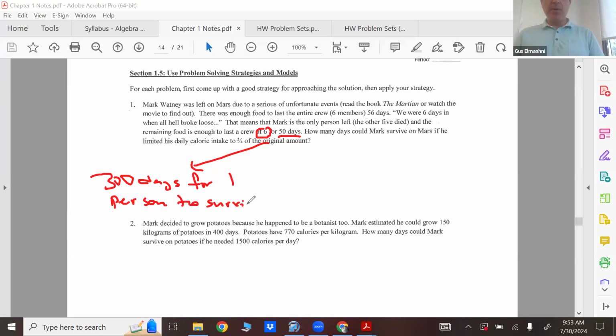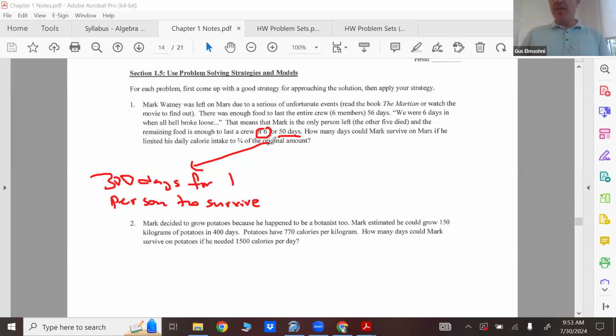Because what if it was just you and another person on a deserted island, right? And you had enough food for 20 days for you and this other person, and that person dies, or you kill the person or whatever. So then you have 40 days survival, right? Because maybe it's 40 meal packs. That's why you and this other person survive for 20 days, but you kill that person or that person dies. So you have all those 40 meal packs to yourself. So now you can live for 40 days, right? So does that make sense? 300 days of survival, right?